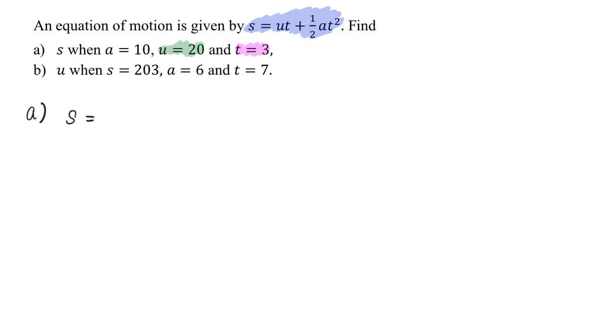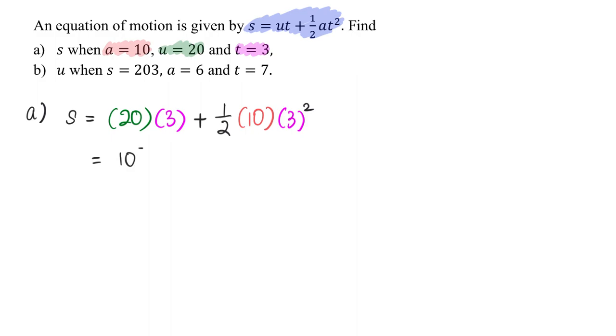So 20 times 3 plus half times my A, which is 10, times T, which is 3, squared. And this will give me a value of 105.